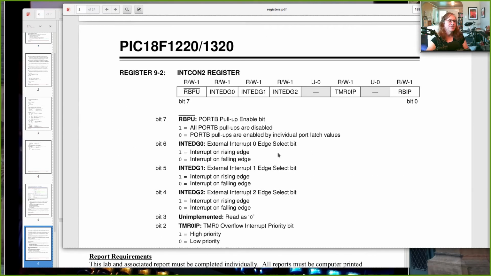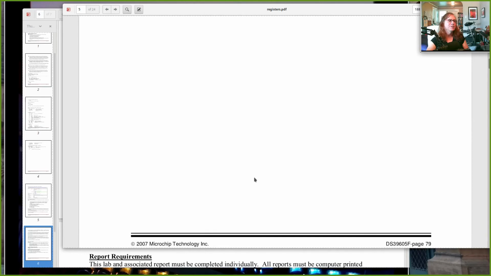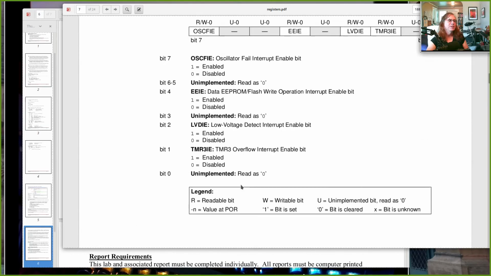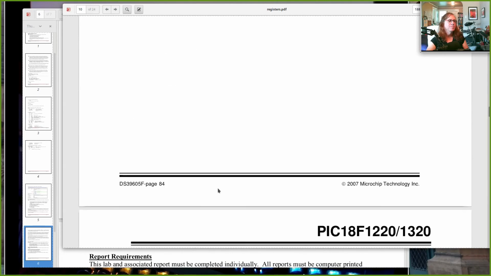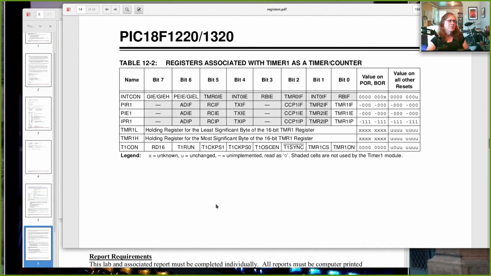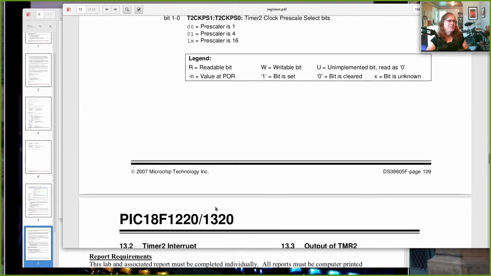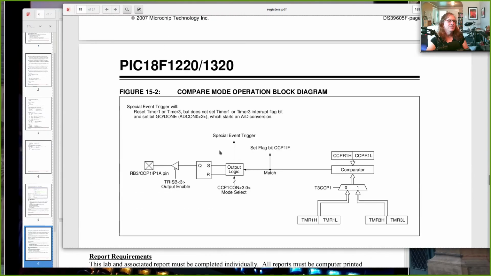So INTCON and all of the interrupt related registers, but then I also put in the timer registers. So timer 0, 1, and 2. I don't know if I did timer 3, and I think I put in the A to D registers in here. The ECCP and so on.